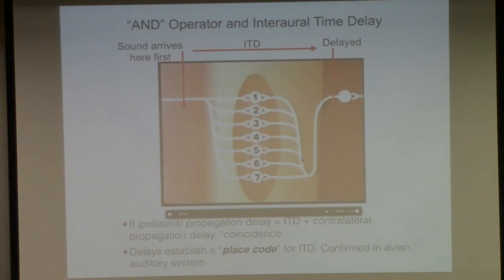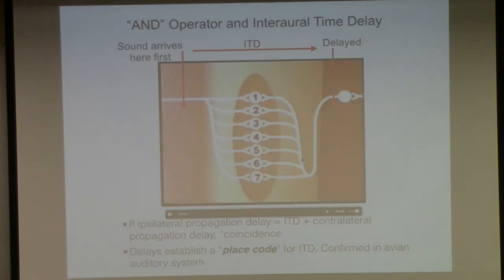If that happens, that neuron is able to fire and encode interaural time delay. So what that neuron is doing is coincidence detection. The inputs are arriving at the same time, and it's also implementing an AND operator, because these other neurons don't fire because their inputs are arriving at different times.